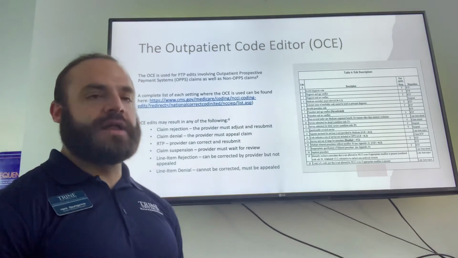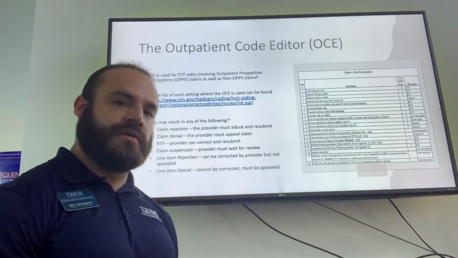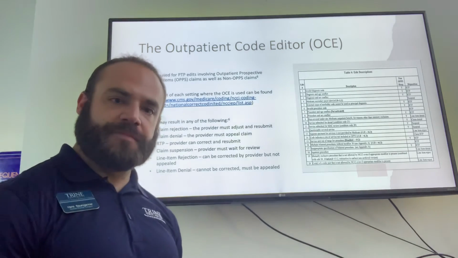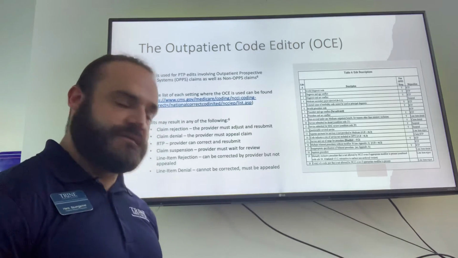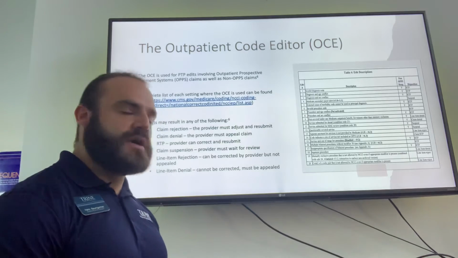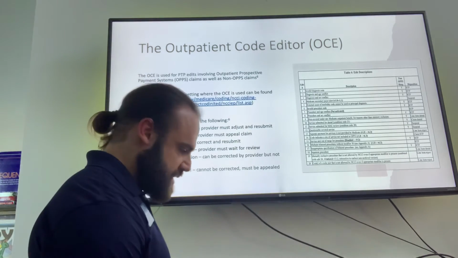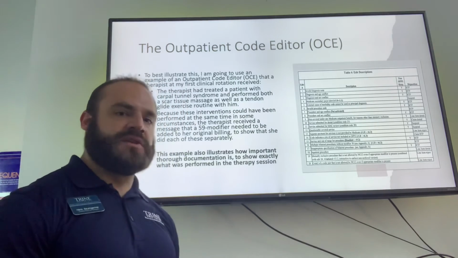This outpatient code editor is going to let the therapist know when there's some type of error in their billing. It can result in anything from having to readjust and resubmit their claim, to they can't adjust it, they just have to appeal it. To better explain this, I'm giving you an example.